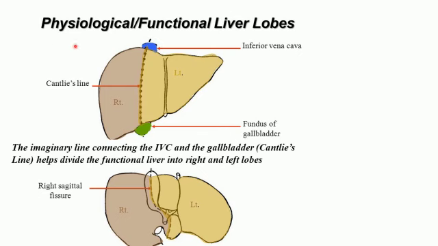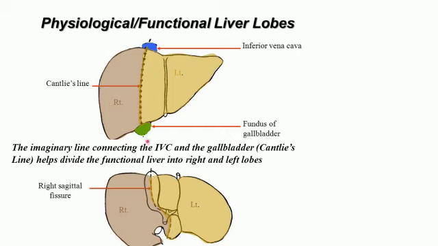And physiologically also we have right and left lobes. We can say both are almost equal in measurement. A line starts anteriorly just lateral to the right side of the falciform ligament, and behind, the line passes through the groove for the inferior vena cava and the fossa for the gallbladder, and comes to the inferior border of the liver.